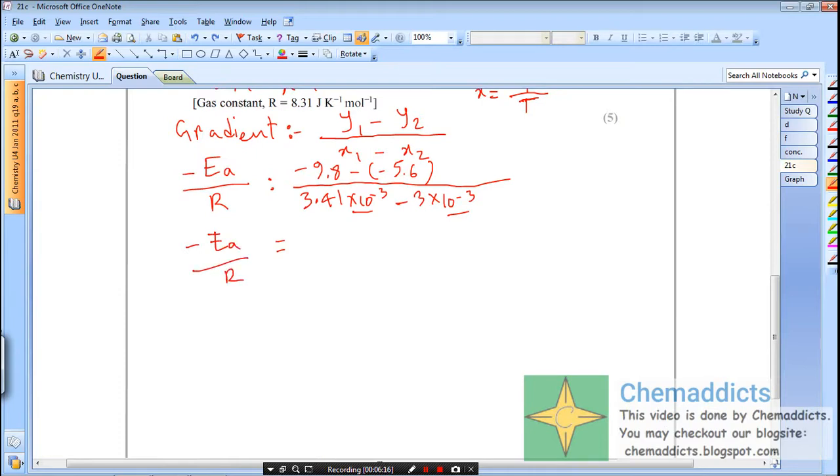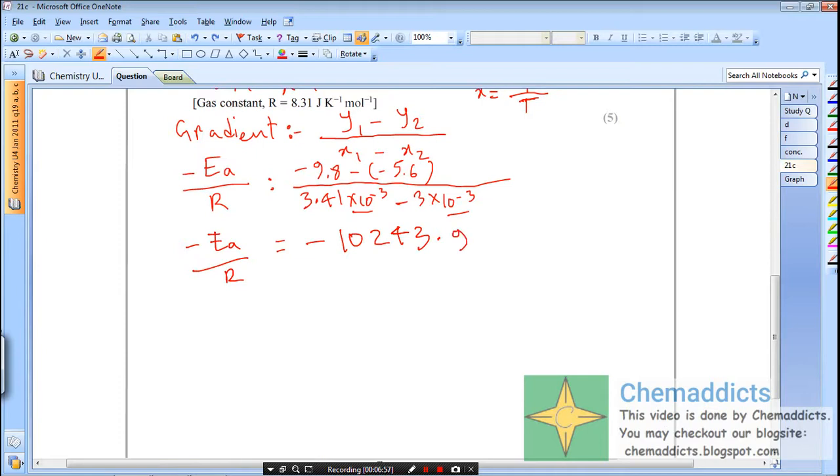So if we calculate minus 9.8 minus 5.6 divided by 3.41 into 10 to the power minus 3 minus 3 into 10 to the power minus 3, the value comes as minus 10243.9.